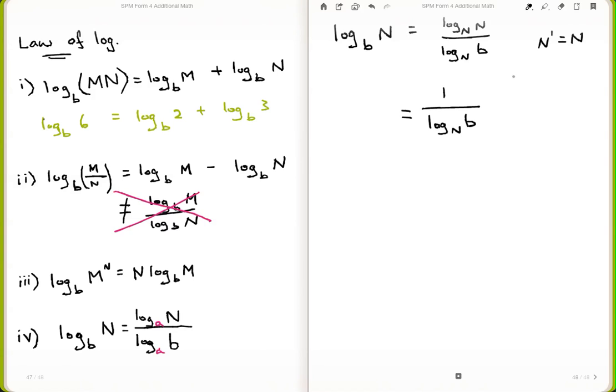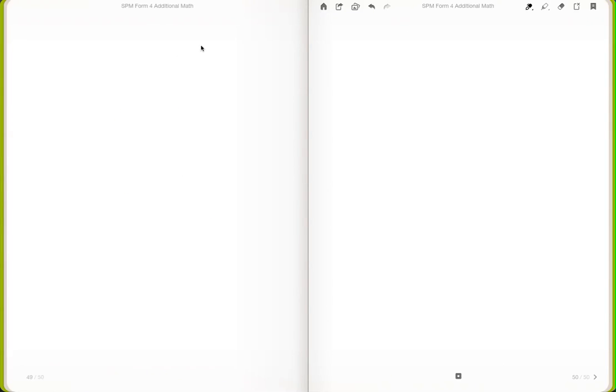To start out with, maybe you go to the next page. Example, for practice purpose, 1.